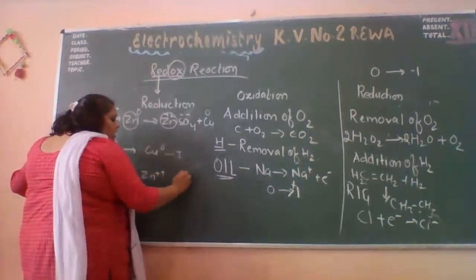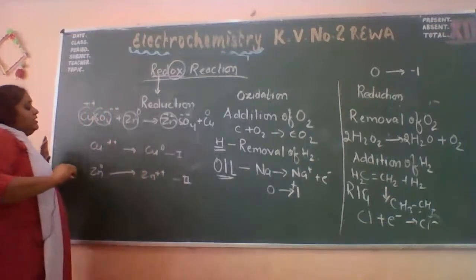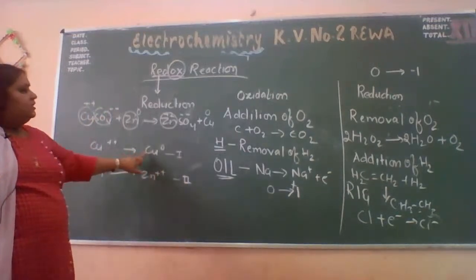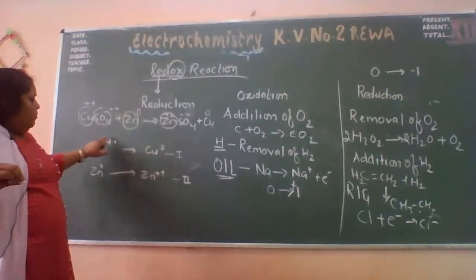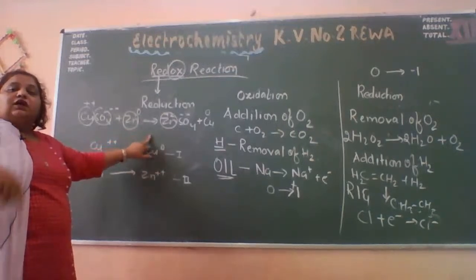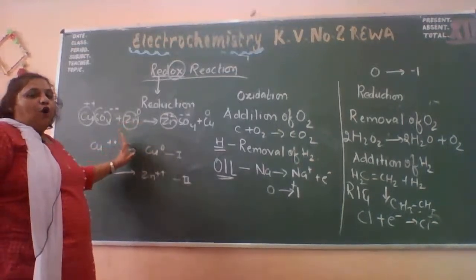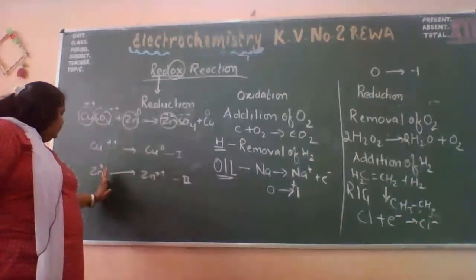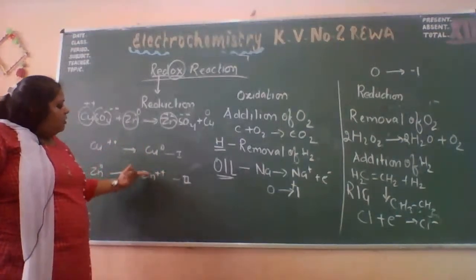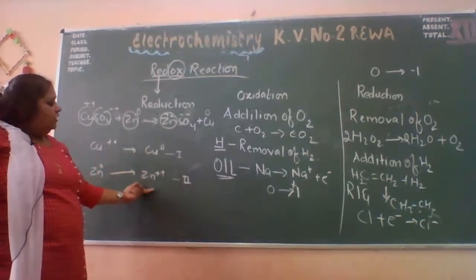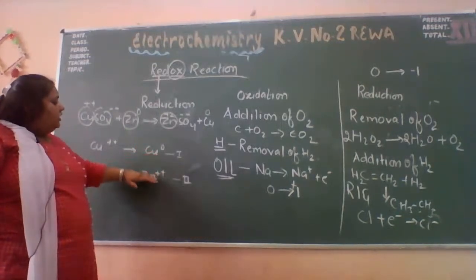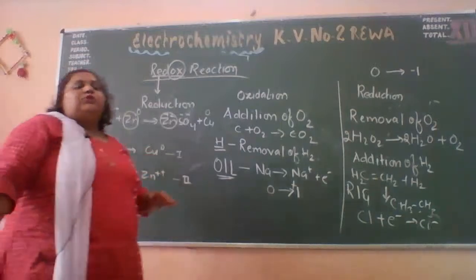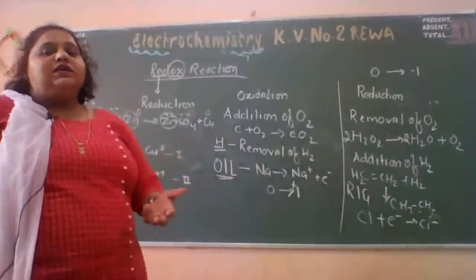Two reactions are taking place here simultaneously. This is reduction, plus 2 to 0. This is a negative change, and always negative change leads to the reduction. Here 0 to plus 2, a positive change, that means oxidation. And since both the reactions are taking place in the same container, this is a redox reaction.